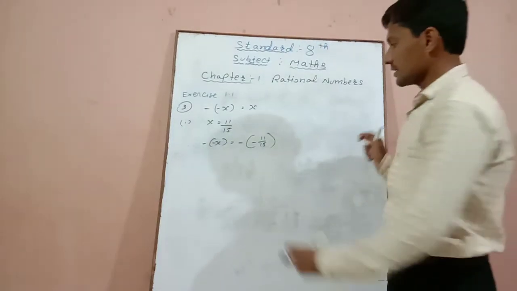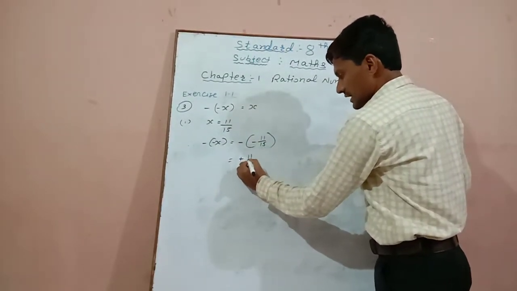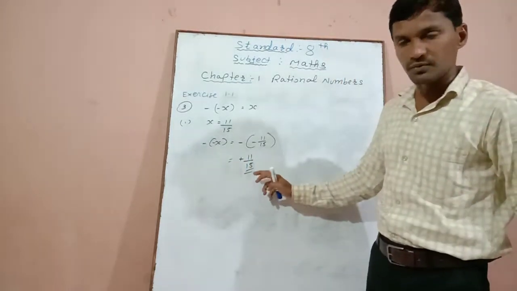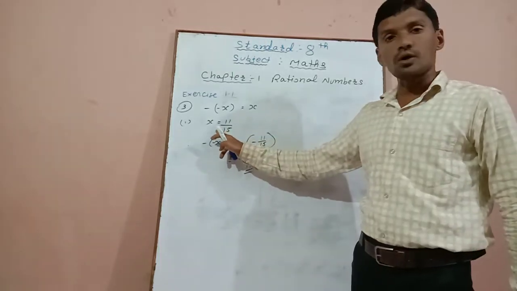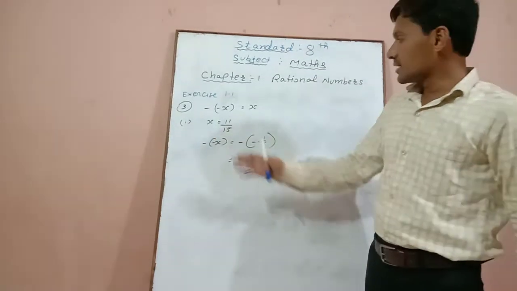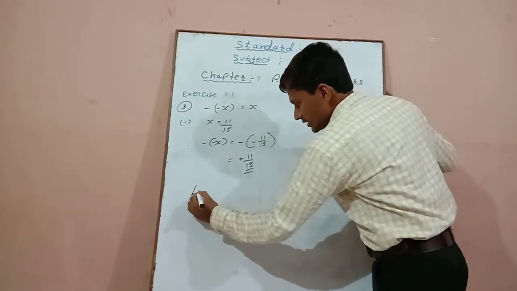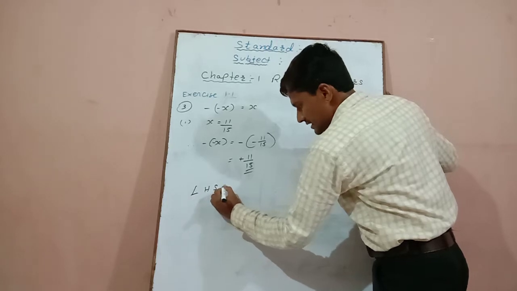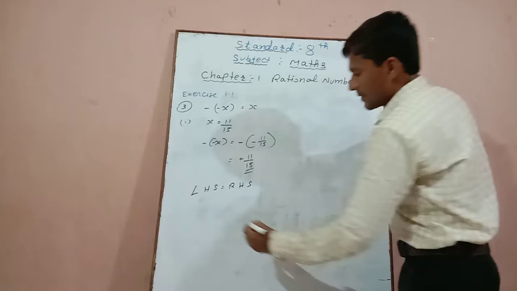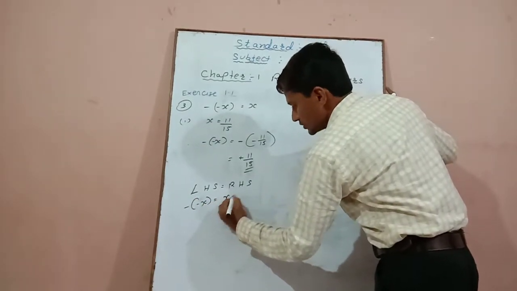Now compare the sign. Minus minus is equal to plus 11 divided by 15. Here the answer is 11 divided by 15 and the value of x is also 11 divided by 15. So it is verified that both answers are the same. Therefore left hand side is equal to right hand side, or minus of minus x is equal to x.